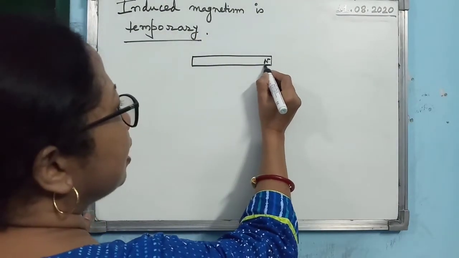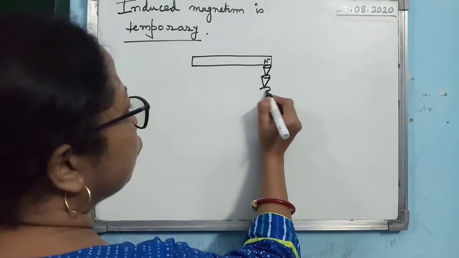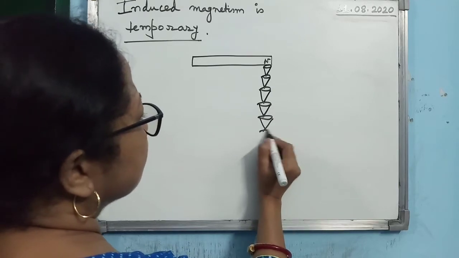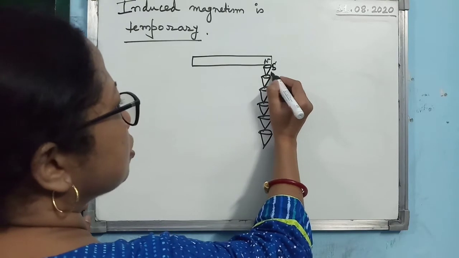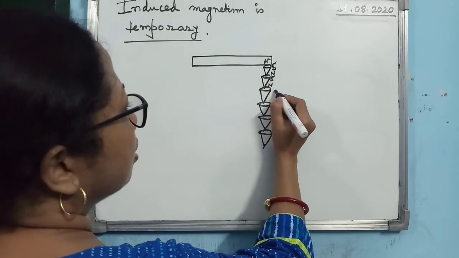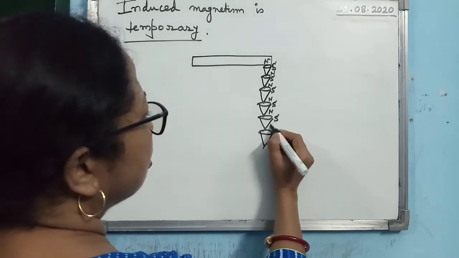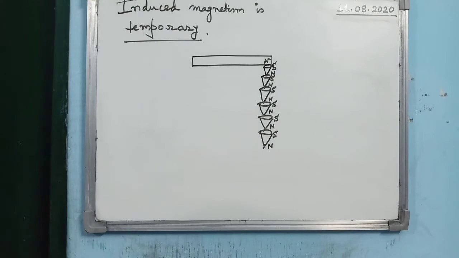Then what will you observe? All the nails will form a vertical chain like this. Here you see this is south pole, this is north, then again south, north, south, north, south, north. This is the way magnetism is developed.